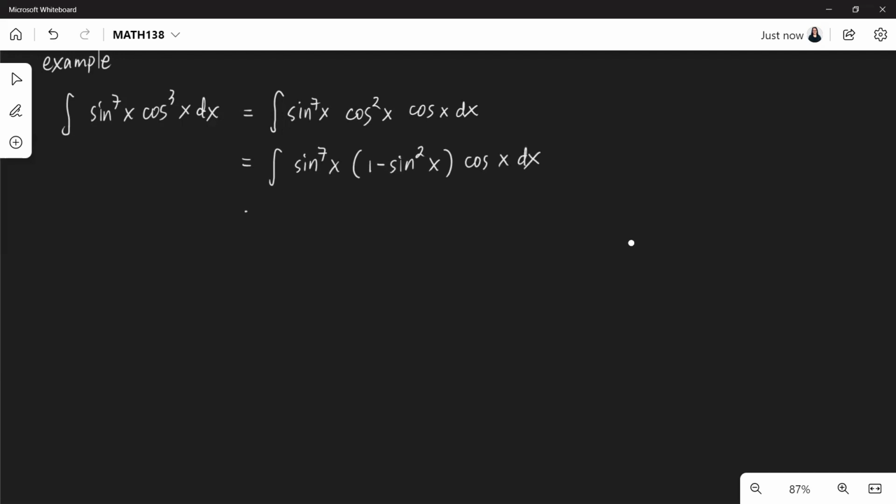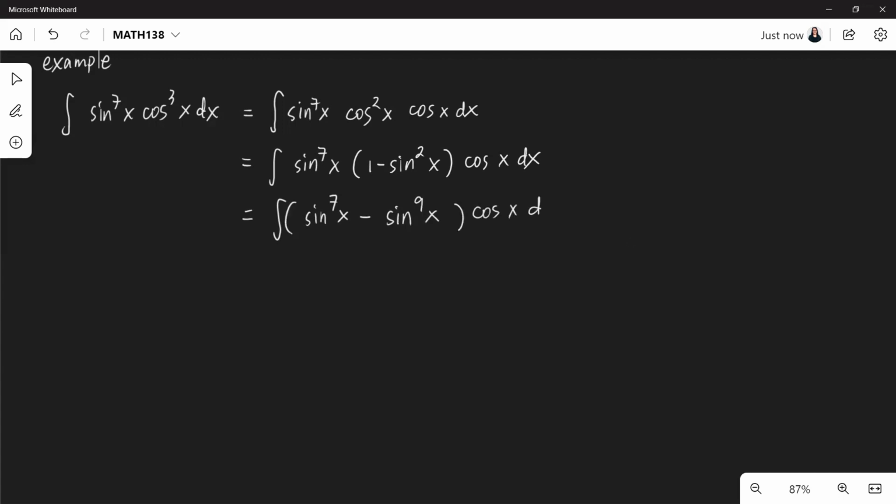So multiply this and this. We get sine of x raised to the power of 7 minus sine of x raised to the power of 9, since 7 plus 2 is 9. Then multiplied by cosine x dx.